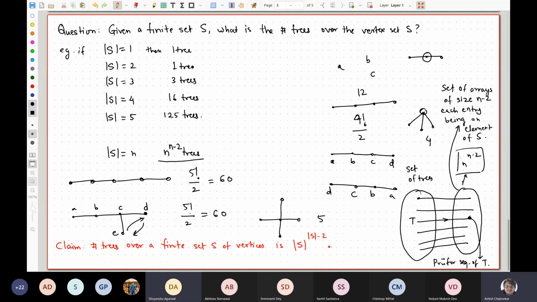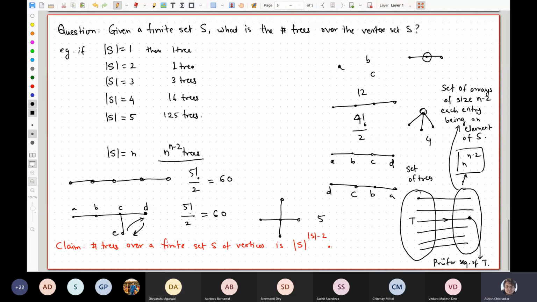Would it be somewhat related to the fact that a tree has at least 2 leaves? So we exclude those and somehow specify the neighbors of others, something like that. It's not related to that actually.